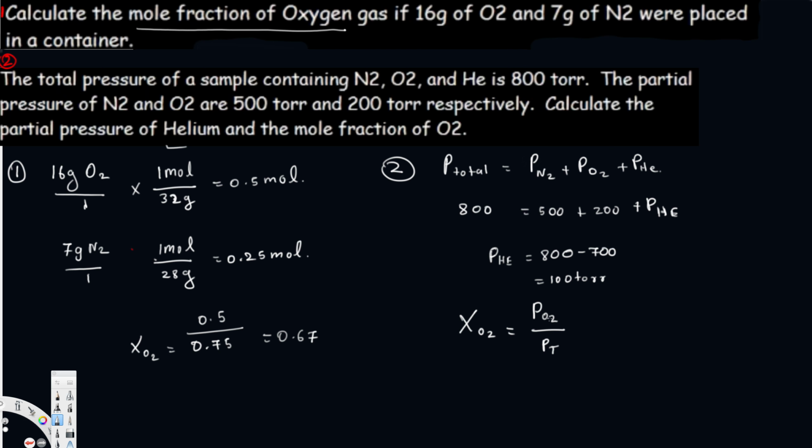So here we have the O2 partial pressure that's provided, 200, divided by the total pressure 800, and that gives us 1 over 4, which is equal to 0.25. And this is the mole fraction of O2. And that's how we do this kind of problem. I hope you guys like this video. See you next time.